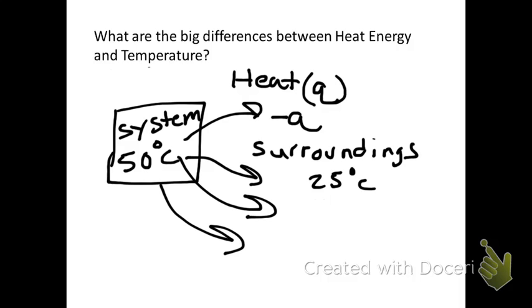The surroundings, because it's gaining energy, is going to be a positive Q. The positive just simply means that it's gaining energy. The negative simply means that it's losing energy. And so make sure you understand the sign usage here. It's very important. All right?